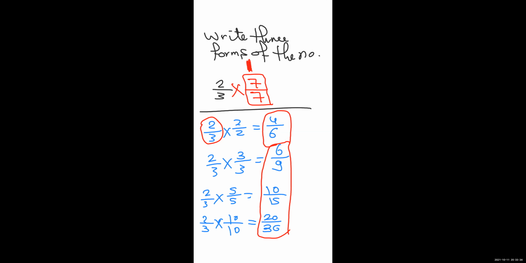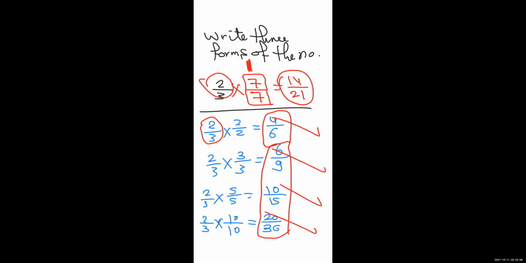So you just multiply the number by 1. You didn't change the value, but you changed the form. So now it will equal 14 over 21. It's the same as 2 over 3, 4 over 6, 6 over 9, 10 over 15, 20 over 30. The same value, but in different form.